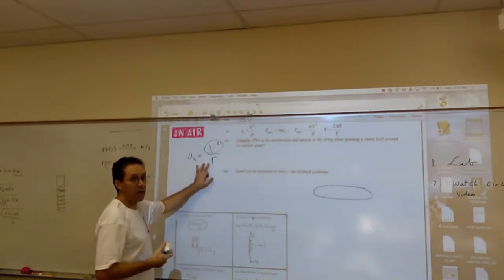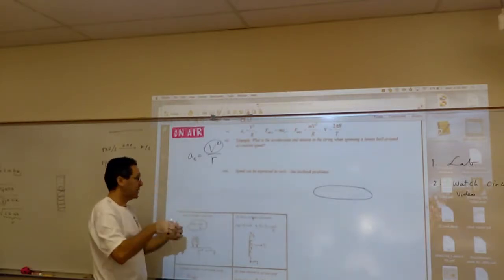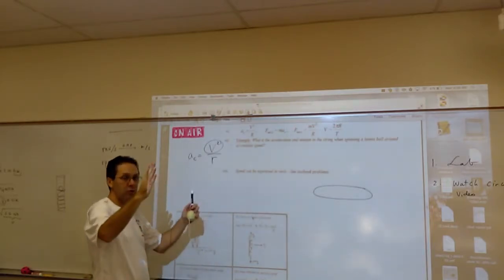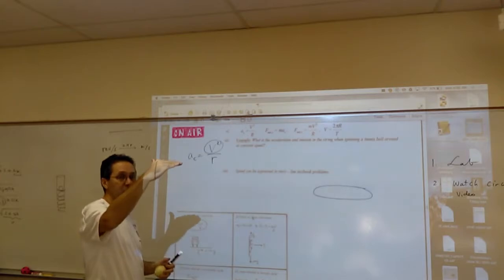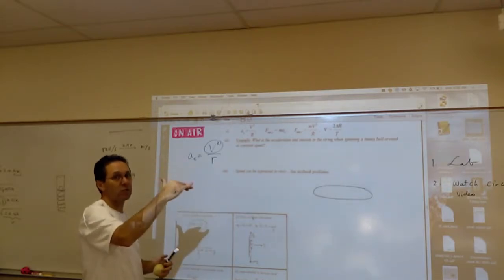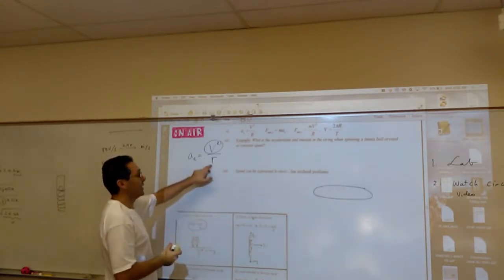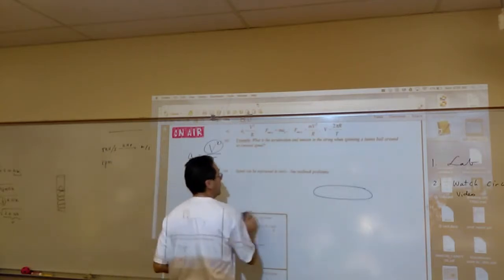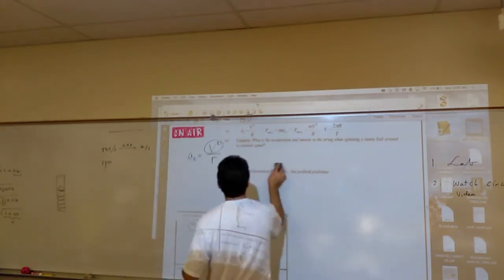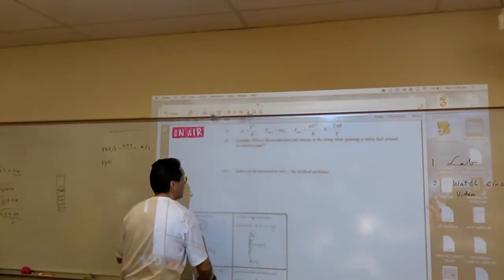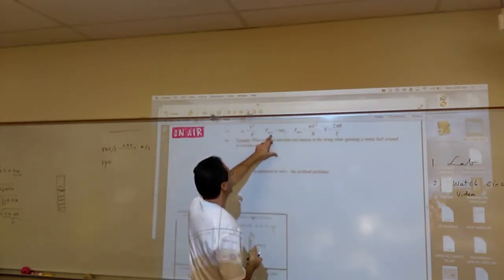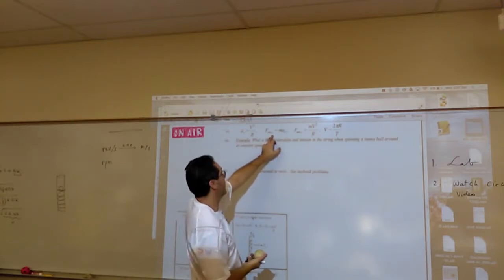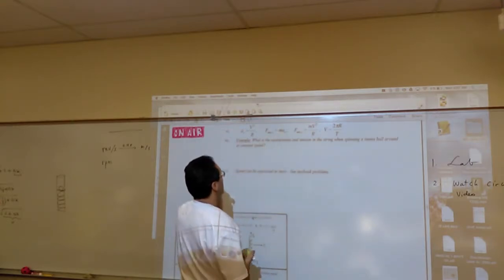Now what happens if you make r large? Just imagine, if you make r large, the change in direction happens slowly. So there is that inverse relationship. Now, where does this F net C come from? Well, this is Newton's second law, F net equals ma.